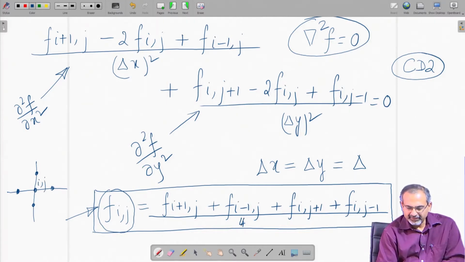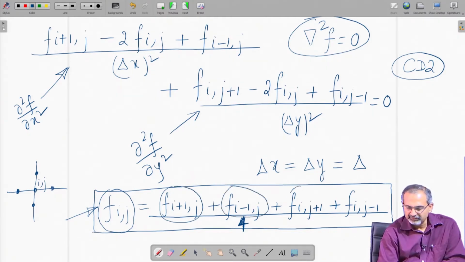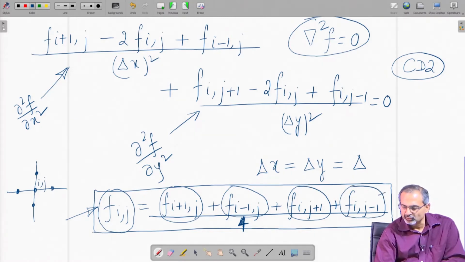And the fact that you have a constant denominator here means that all of those values in the neighborhood are influencing the value at the grid point i j to an equal extent.